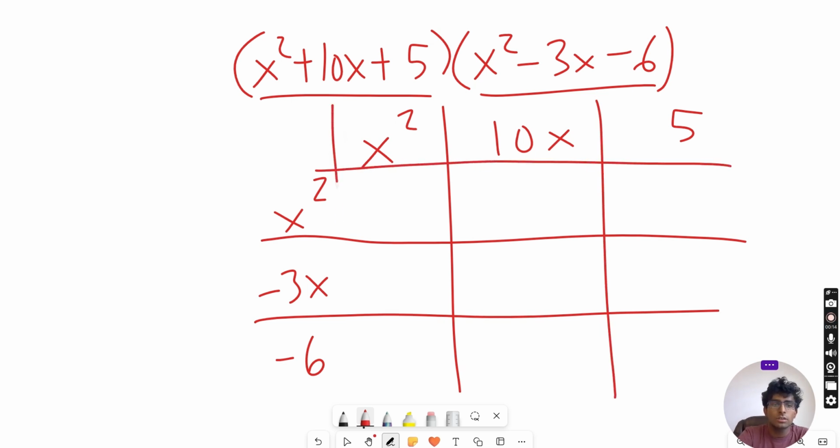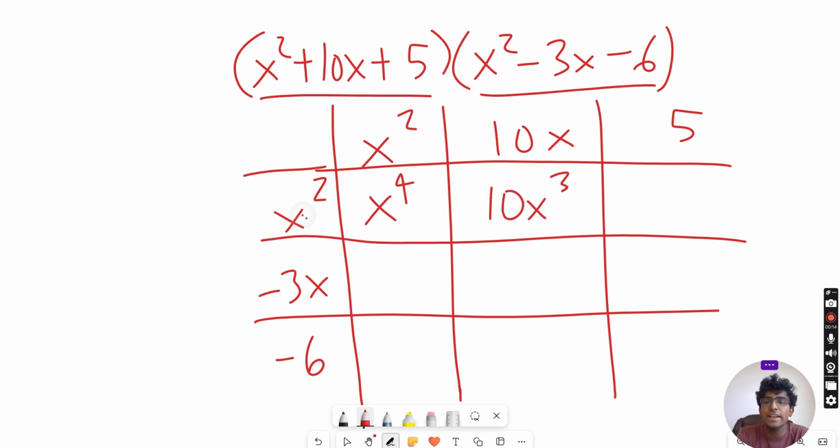So we're going to be trying to find an answer for each grid square. The two terms that bound it, for example, for this left square, we have x squared times x squared, and we're just going to multiply, and then we're going to add them together to get our answer. So x squared times x squared is x to the fourth. X squared times 10x is 10x cubed.